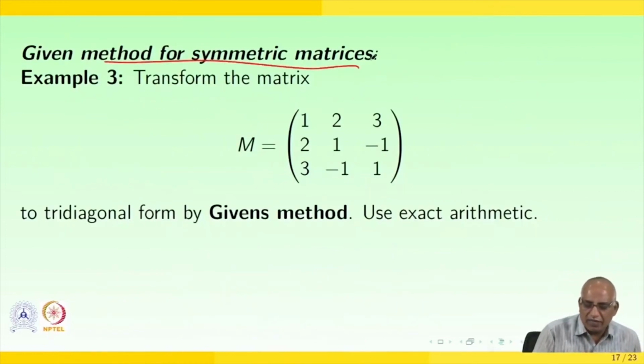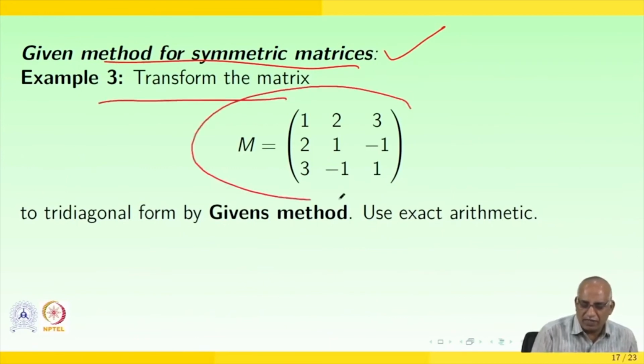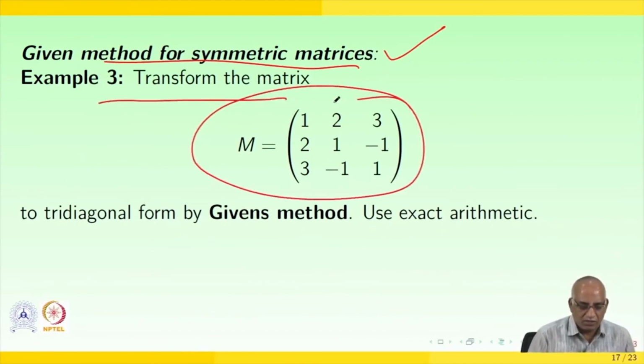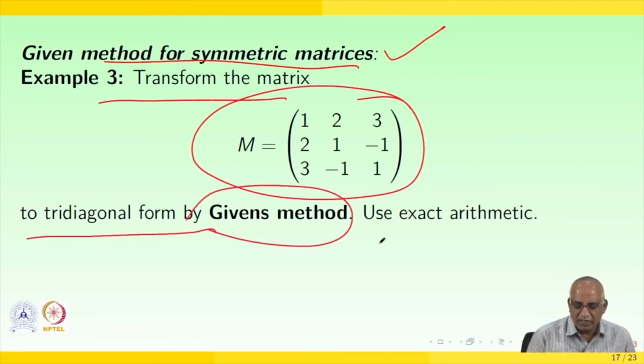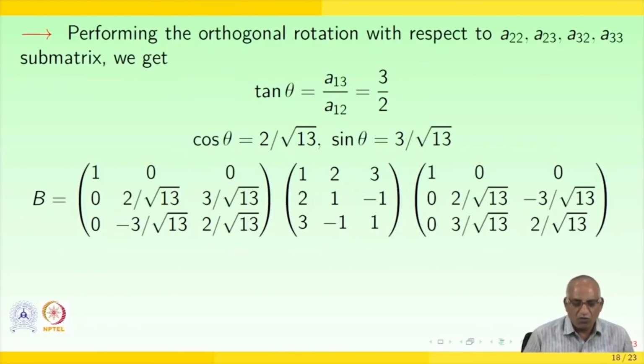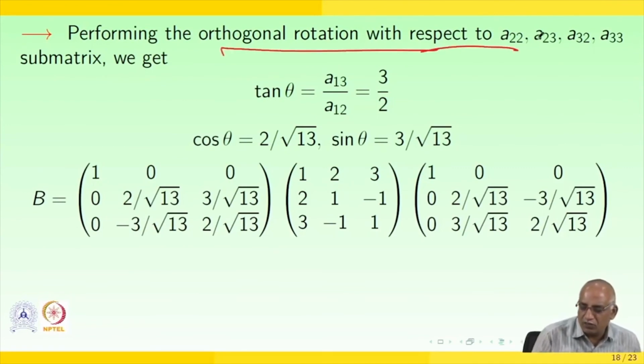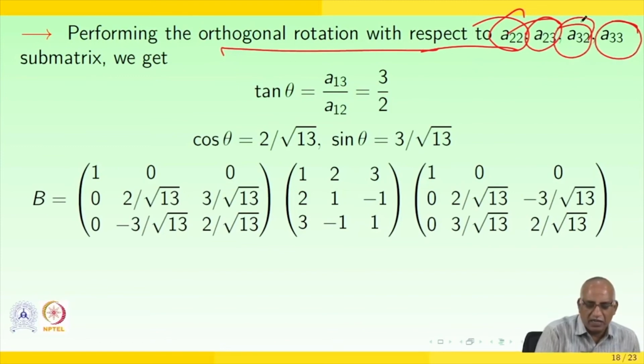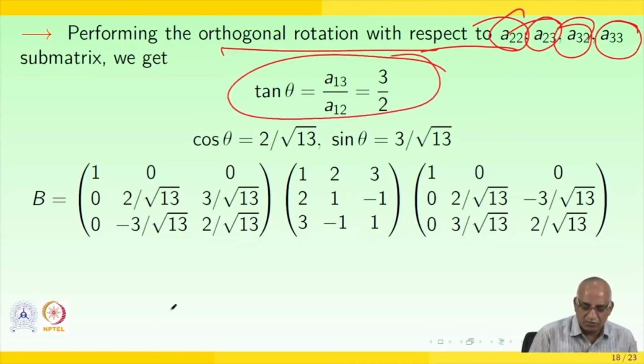Given the method for symmetric matrices, the third example is to transform this 3 by 3 matrix to tridiagonal form by using the Givens method as we did in the last lecture. Using exact arithmetic, we perform the orthogonal rotation with respect to A22, A23, A32, A33, and the submatrix you get is like this.